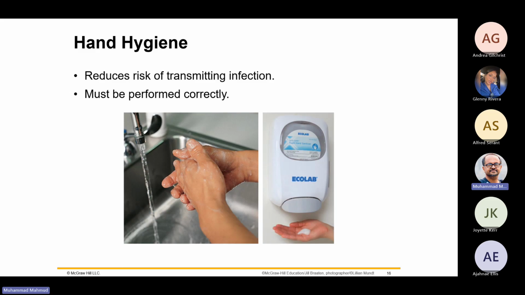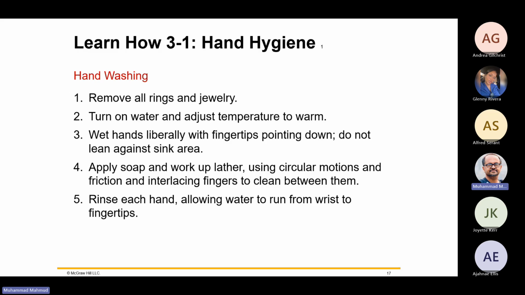A general term of hand hygiene includes both hand washing and use of alcohol-based hand rubs. It must be performed correctly and it will reduce risk of transmitting infection. These are the steps of hand hygiene and washing.